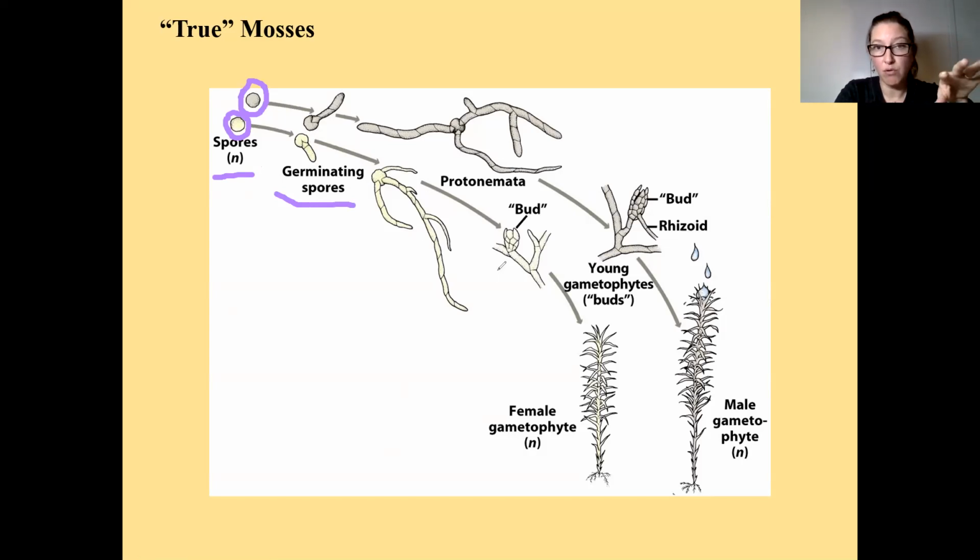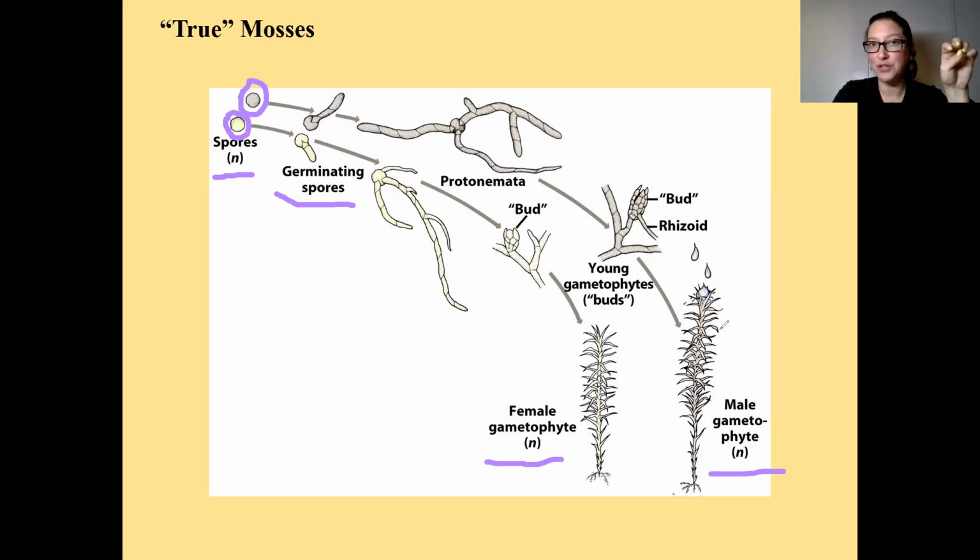They're growing. And then eventually, don't worry about terms that I don't say, okay? These spores have each grown into a gametophyte plant. This spore grew into a female gametophyte plant. This spore grew into a male gametophyte plant.